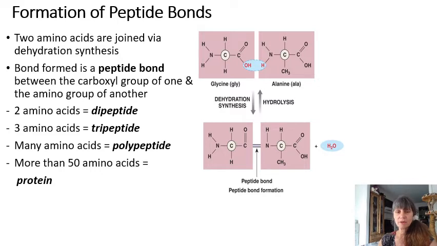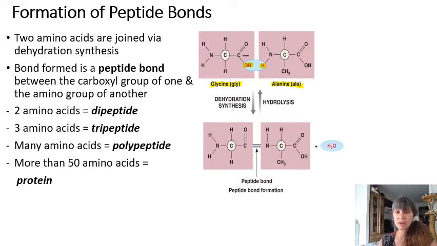Here we have an example of glycine being joined to alanine by removing an oxygen and hydrogen off of the carboxyl group from glycine and a hydrogen off of the amino group from alanine. When dehydration synthesis occurs and these atoms are removed, carbon will form a bond directly with nitrogen.